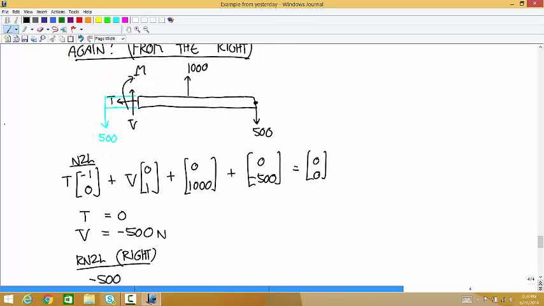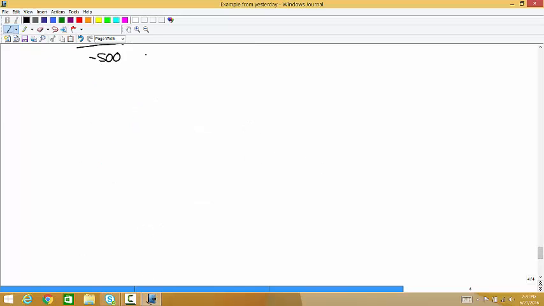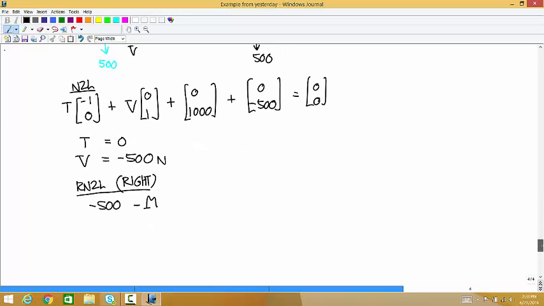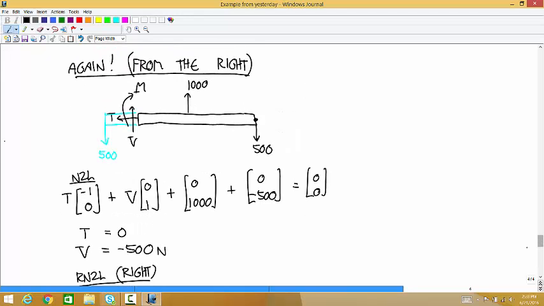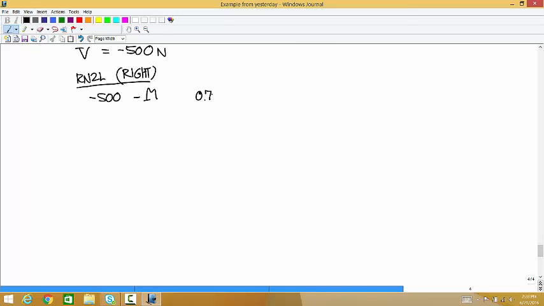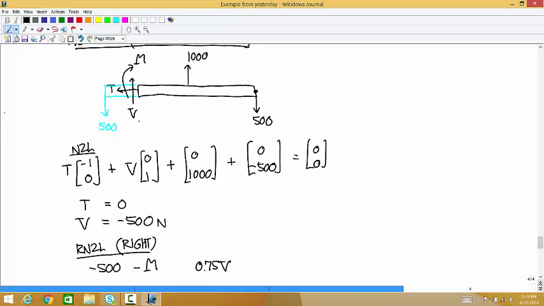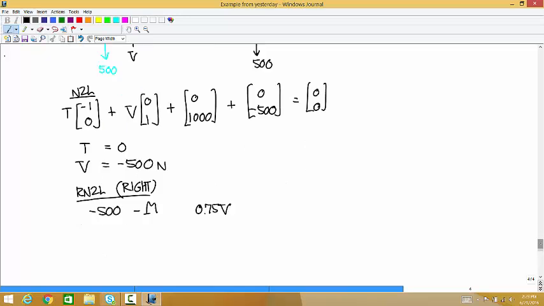If you have a positive value of m, is that a positive couple or a negative couple? It's drawn as a clockwise thing, so that's going to be negative m. And then the last thing is the moment produced by that shear force. What's the moment arm? Yeah, 0.75 times the force v, and would that cause a clockwise or counterclockwise rotation about that point? Clockwise, so this is negative.